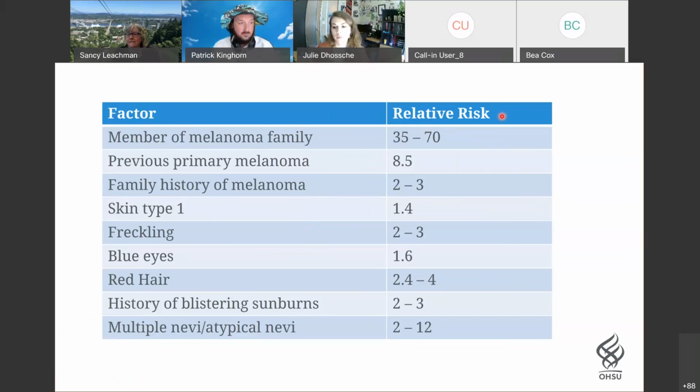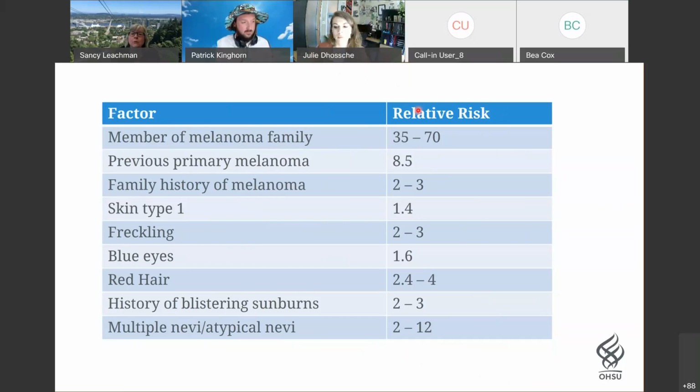They call it relative risk because it means relative to the general population. It's how many times higher the chance is that you're going to get a melanoma if you have that risk factor, right?